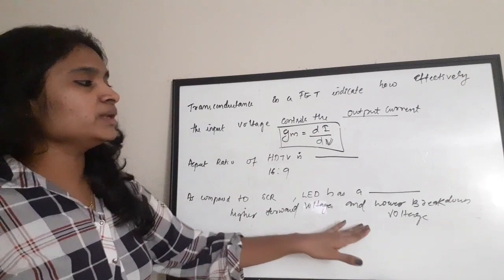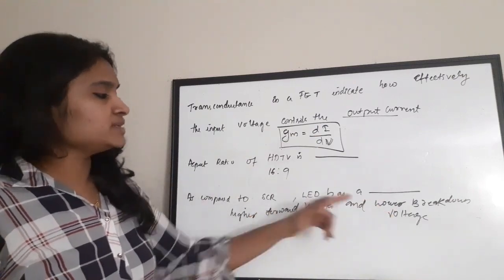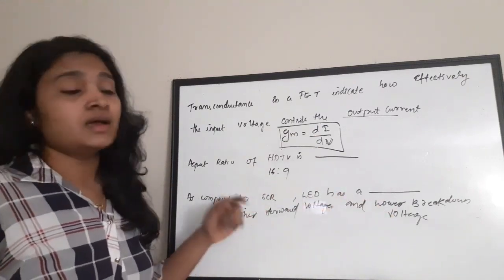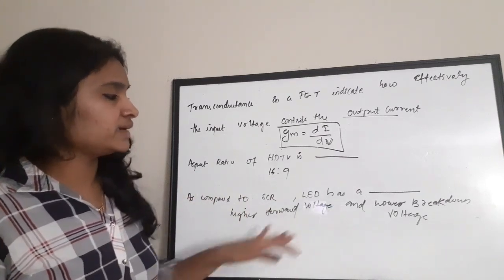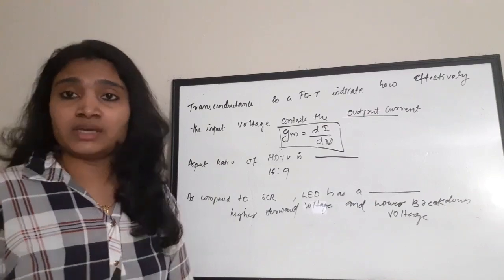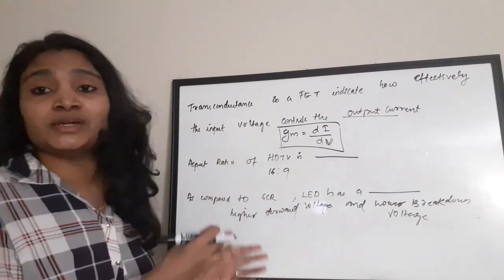That is, it will break down at a lesser voltage than an SCR, but in order to turn it on, or to have forward conduction, it requires more voltage. So that is the case for an LED as compared to an SCR.